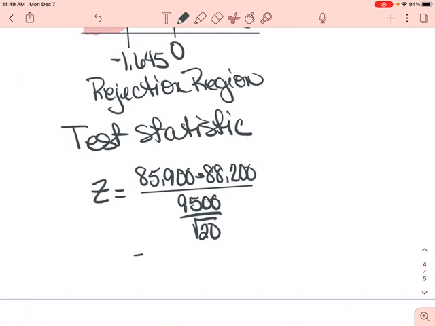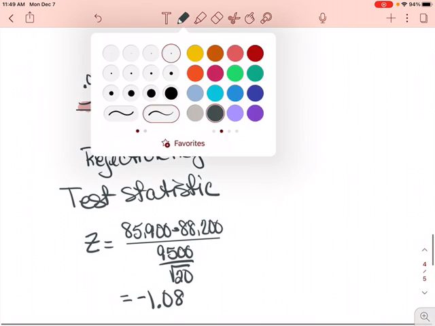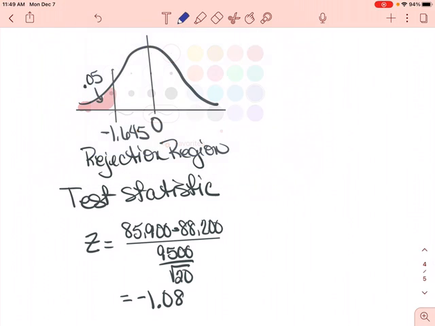Okay, so there's our test statistic, and rounded to 2 decimal places, I got negative 1.08. Okay, so now I'm going to come back up here. I'm going to change my colors so we can definitely see it. Is negative 1.08 to the left, because that's where our rejection region is, of negative 1.645? And the answer is no, because it would be over here.